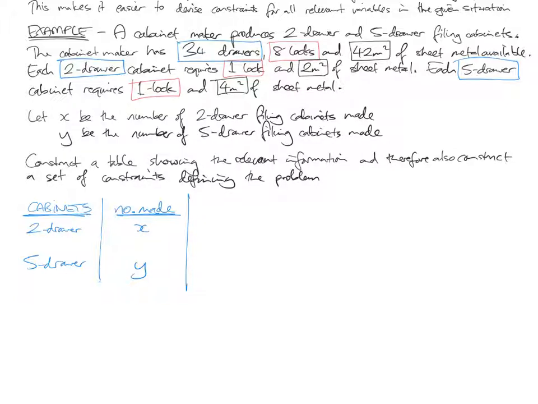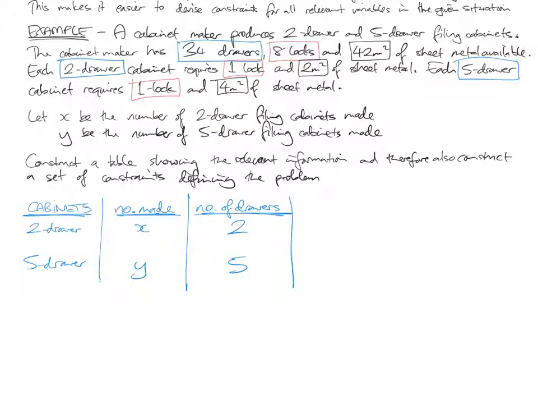Basically, now we can start looking into the constraints themselves. So we're looking at the number of drawers constraint. The 2-drawer filing cabinet has 2 drawers in it. The 5-drawer filing cabinet has 5 drawers in it. So that's that column done.